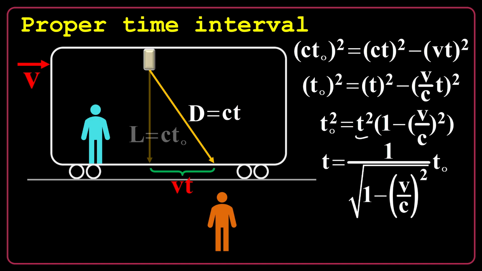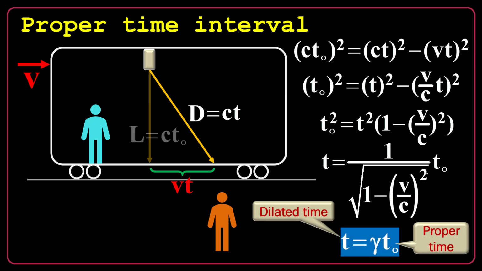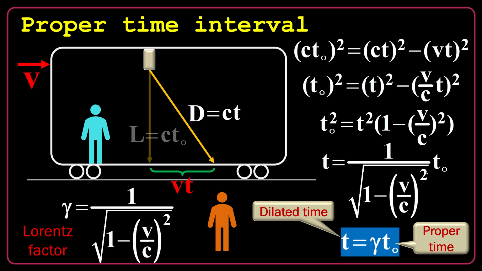T is going to be something multiplied by t naught. That something is called the Lorentz factor, 1 over square root of 1 minus v over c squared. The relationship between dilated time and the proper time is t equals Lorentz factor times t naught.